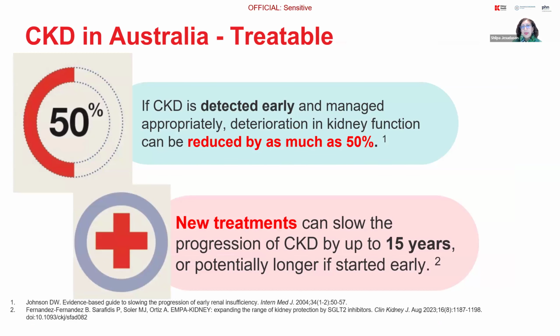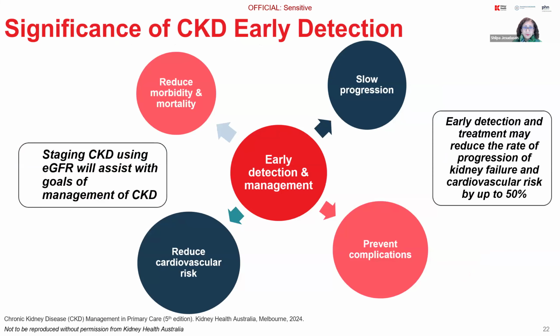So I guess the other key message that I want to get home to you is that this is a treatable condition. Okay, we can reduce deterioration in kidney function in up to 50% of people, and we can slow the progression of chronic kidney disease by up to 15 years if we start patients earlier with the right treatment.